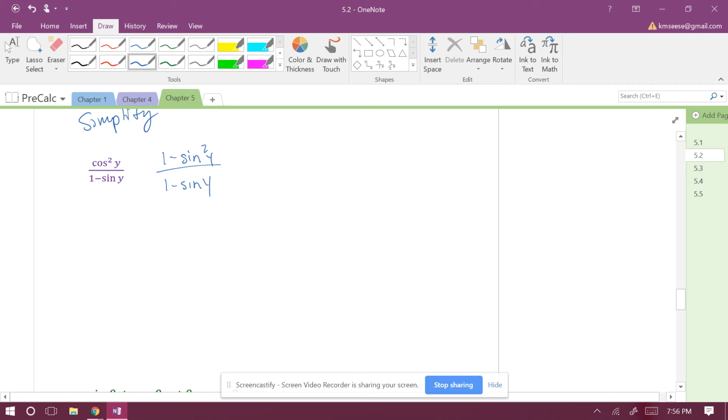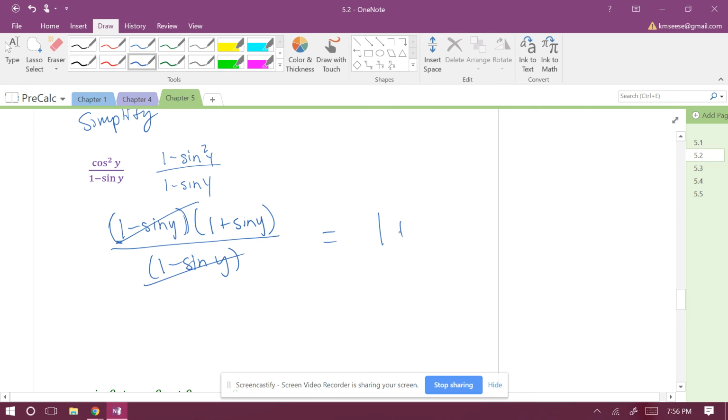Well, this numerator is now different, which allows me to cancel that out. Just left with 1 plus sine of y.